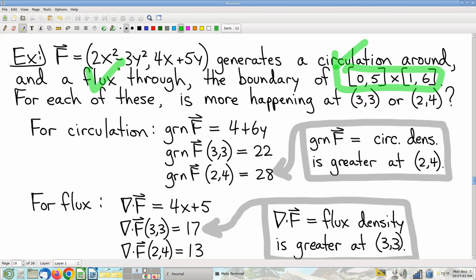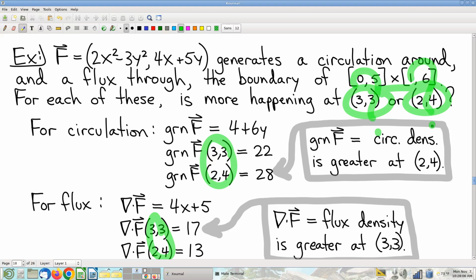You get an answer if you compute the circulation, and you'll get an answer if you compute the flux. So where is it really coming from and how much? In particular, I want to compare these 2 points here, (3,3) and (2,4). Is there more circulation coming from (3,3) or from (2,4)?